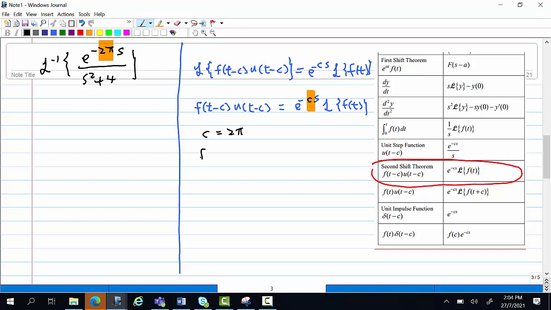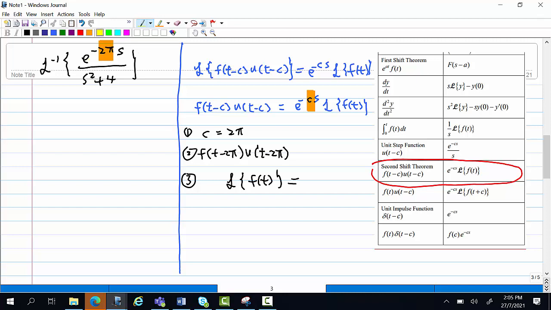So you should expect the answer to be f of t minus 2π, times the unit step function u of t minus 2π. So what is f now? The Laplace transform of f(t) is actually this term.